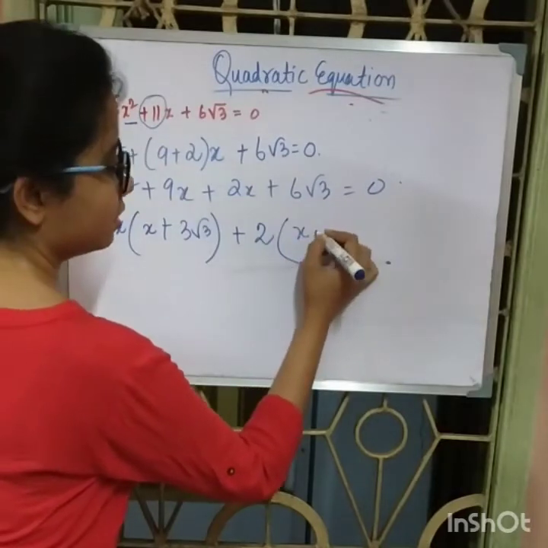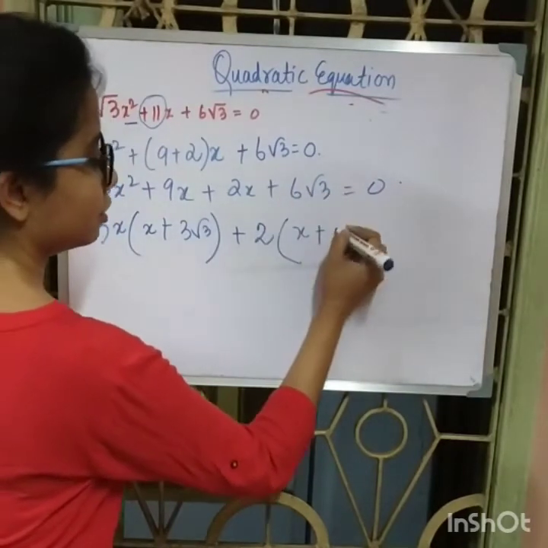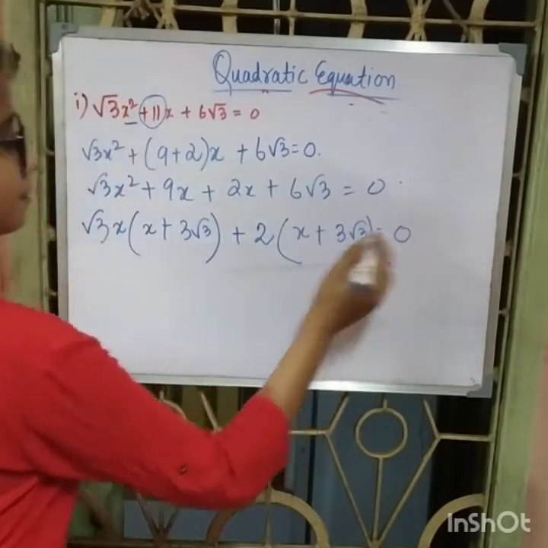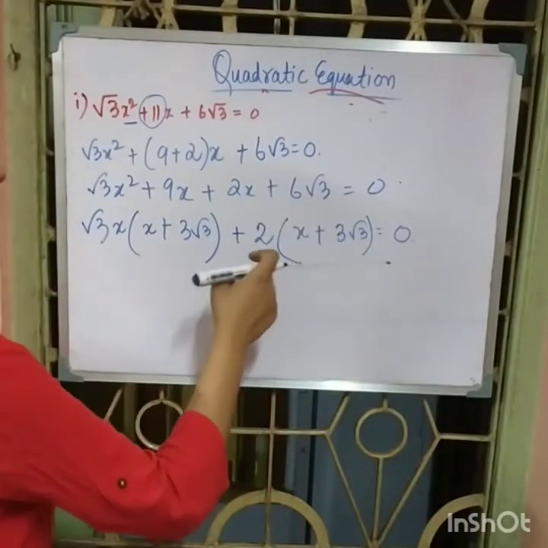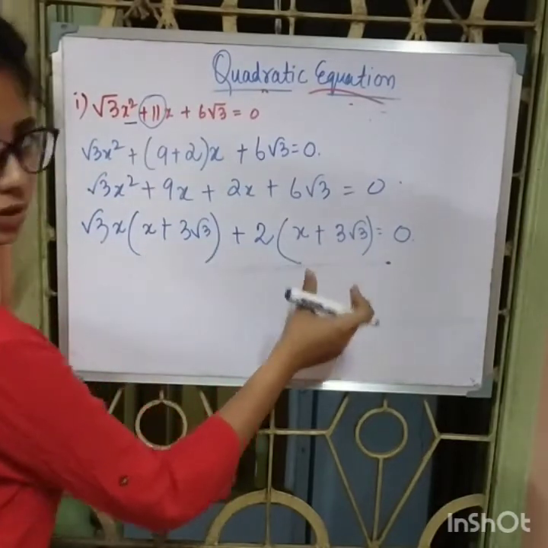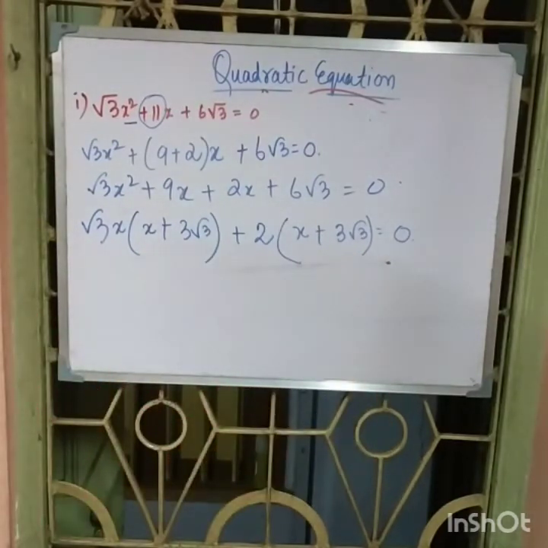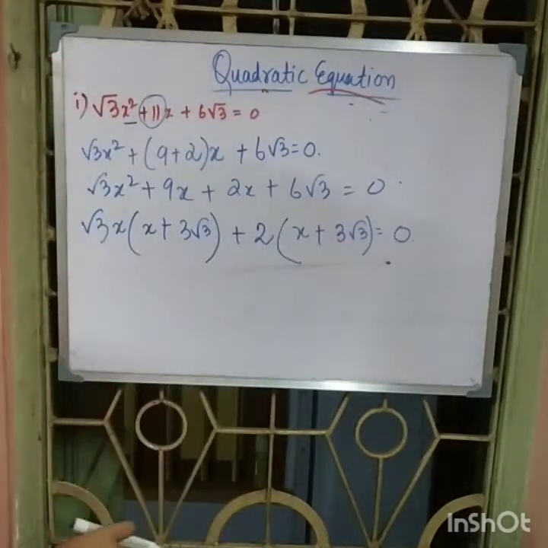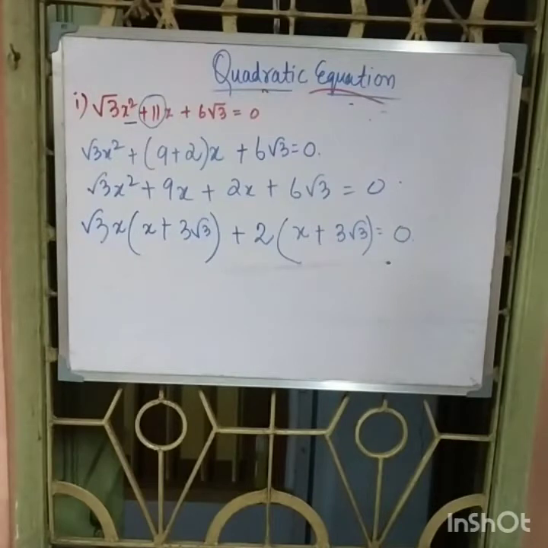We are left with x and 3 root 3. 2 into 3 root 3 gives 6 root 3. Is it clear? But be very careful about what you write here, or else your sum will go wrong.